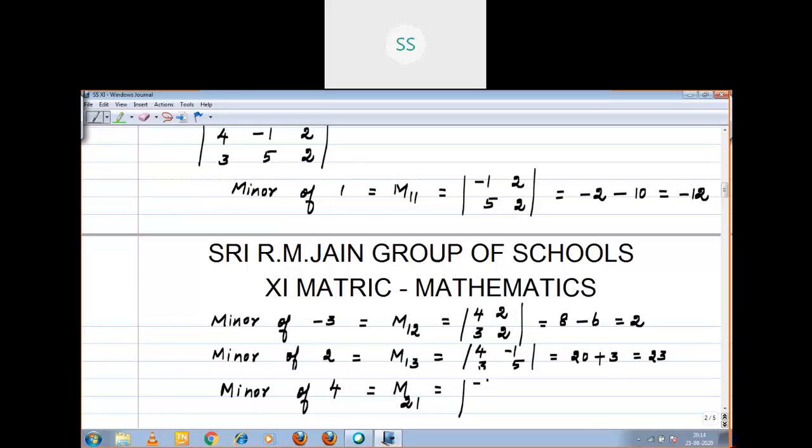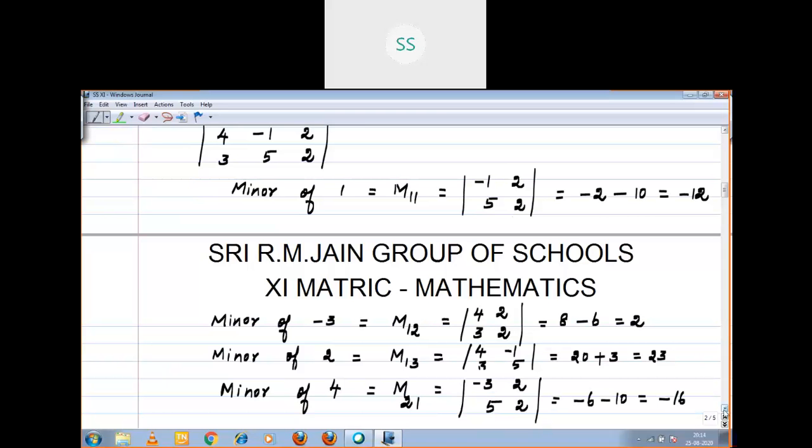Minus 3, 2, 5, 2, which is equal to minus 6, product of main diagonal minus product of sub-diagonal. So you arrive at the result as minus 16.